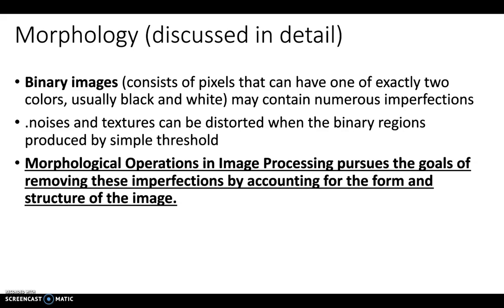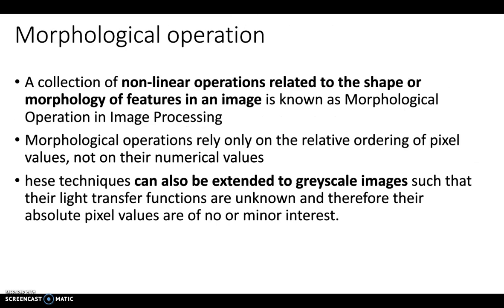So morphological operations in image processing pursue the goal of removing these types of imperfections by accounting for the form and structure of the image. With the help of these structures of the image, these morphological operations are carried out in various ways. Now let us understand what exactly a morphological operation is.